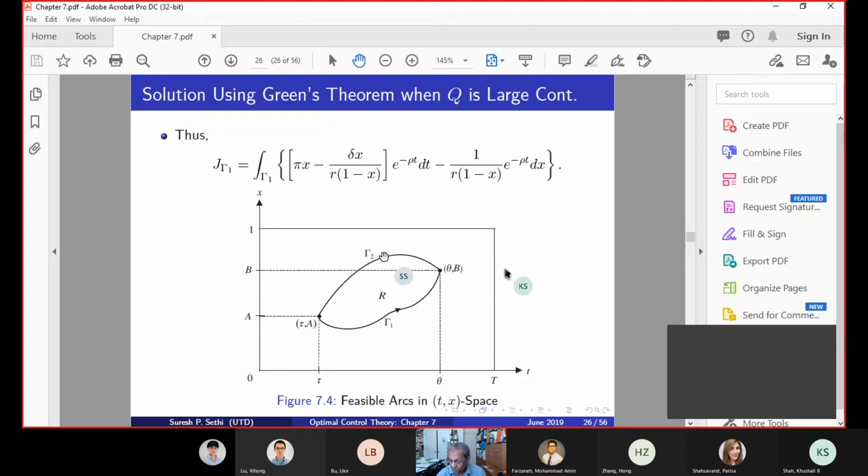It's a difference in the profit, so it allows me to do a comparison. That means the area integral of this kind allows me to compare the profit of gamma 1 and gamma 2.